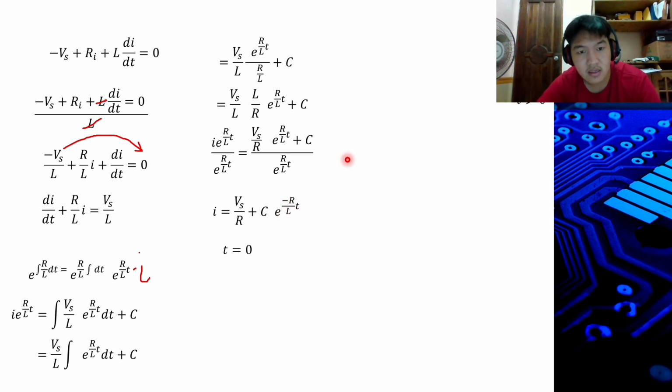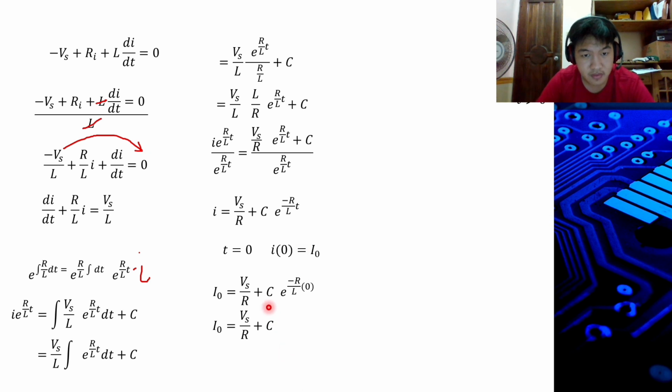Okay. This is now a condition that if t is equal to 0, I of 0 is equal to I naught. Ato lang substitute. I of 0 is equal to Vs over R plus C e raised to negative R over L times t nga 0. And makancel na siya.